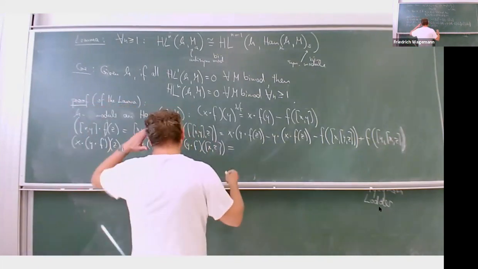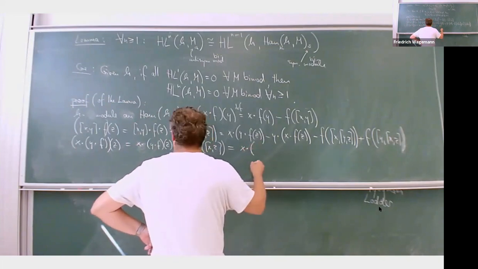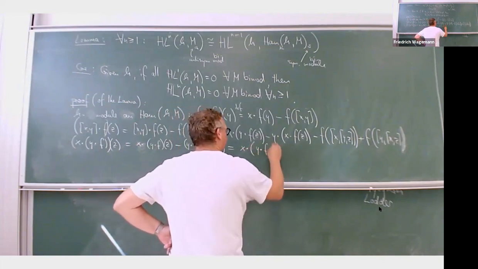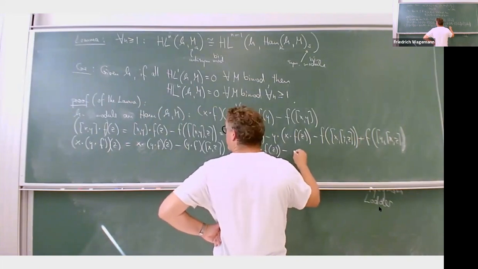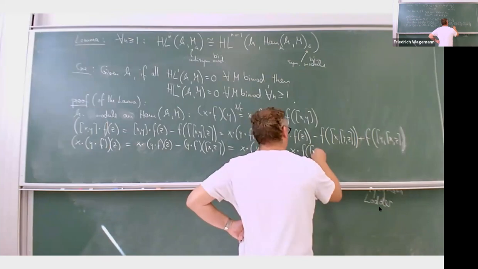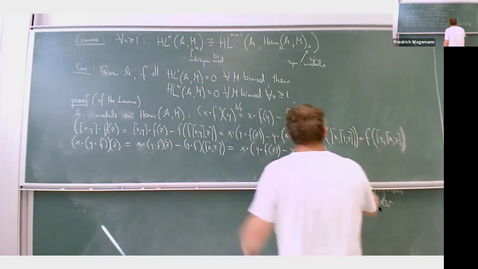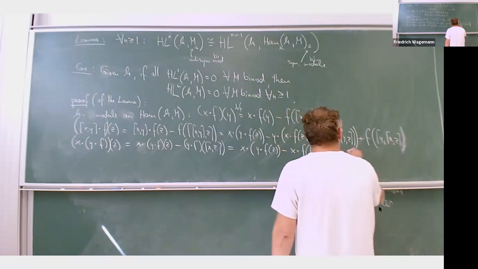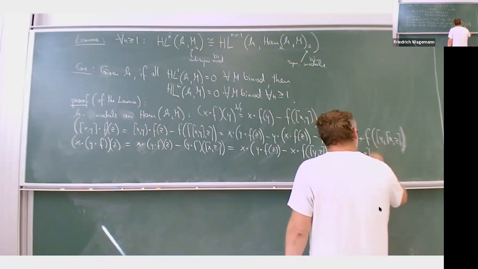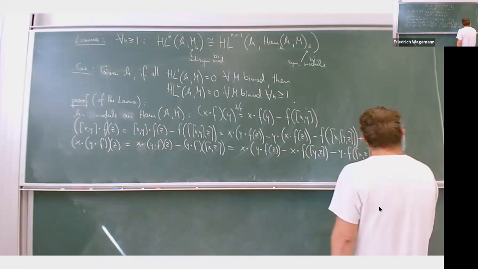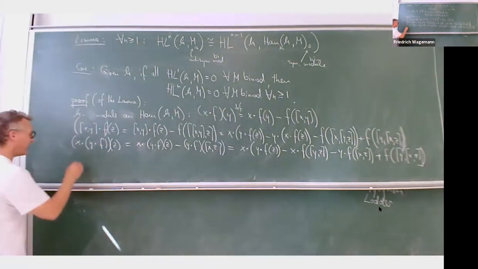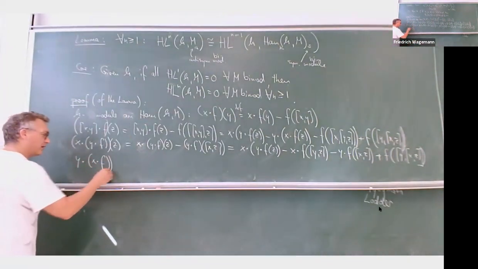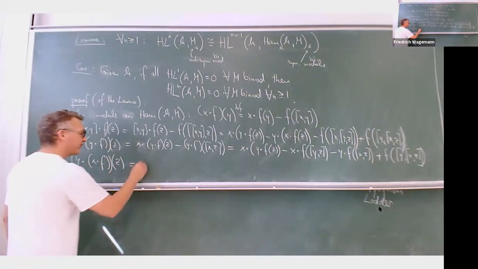And this is then x dot y z minus x dot f of y z minus, and now for the other term, I just exchange x and y, everything I wrote here.